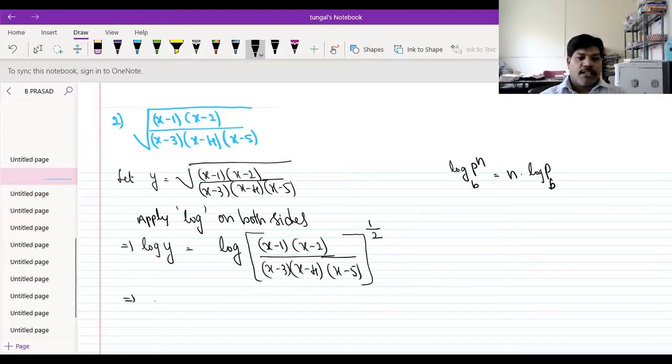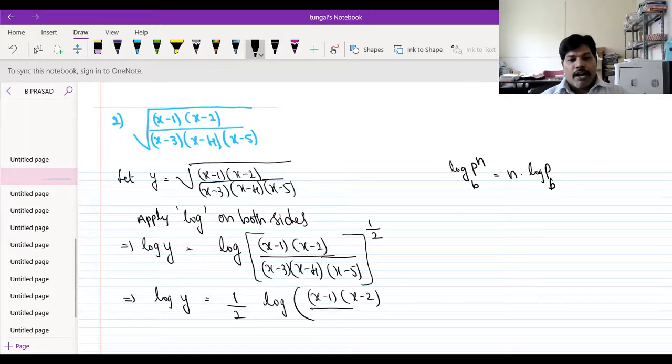We can write log y is equal to, bringing the power 1 by 2 to the front, 1 by 2 into log of (x minus 1)(x minus 2) by (x minus 3)(x minus 4)(x minus 5).